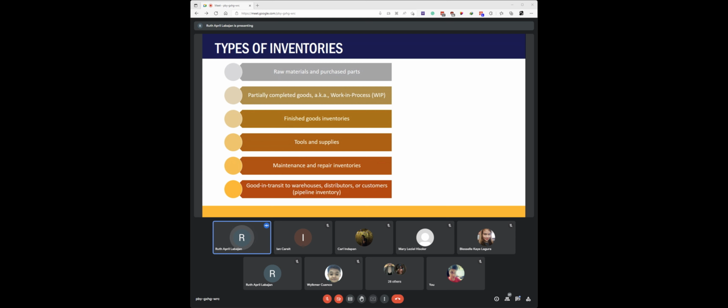Then we have what we call the finished goods inventories, those that are already done and ready to be sold or utilized. Then we have tools and supplies. It might be tools that are needed to make something, like wrenches, etc. Or we also have maintenance and repair inventories.